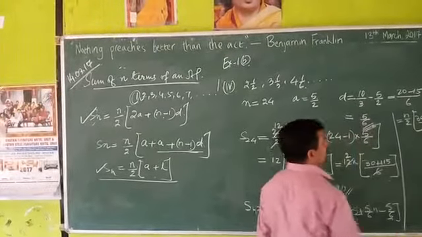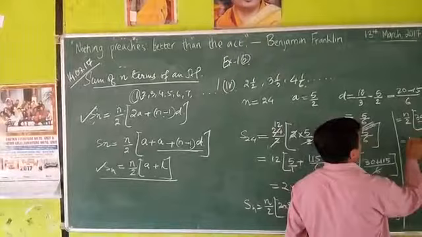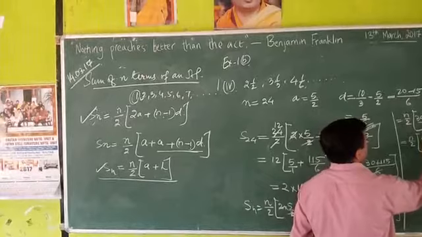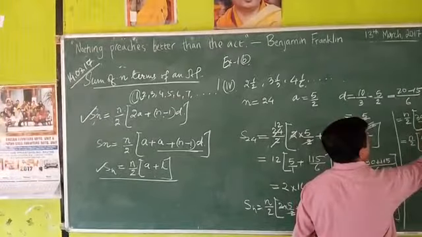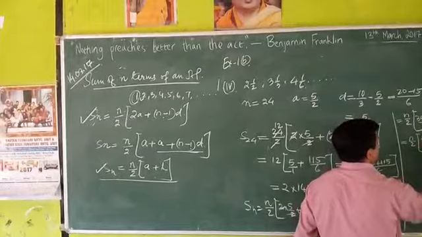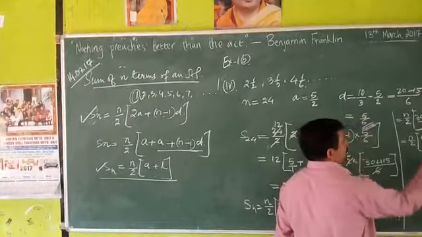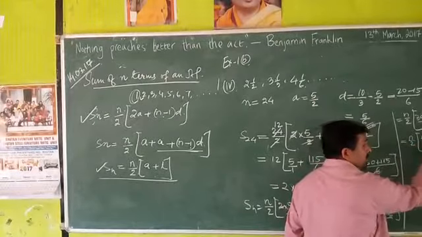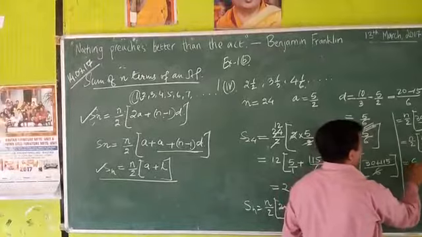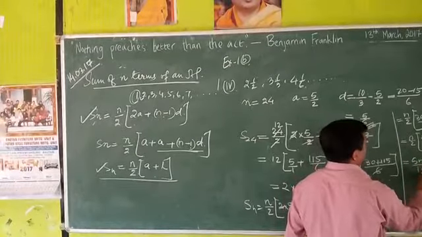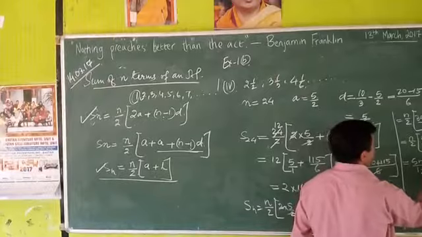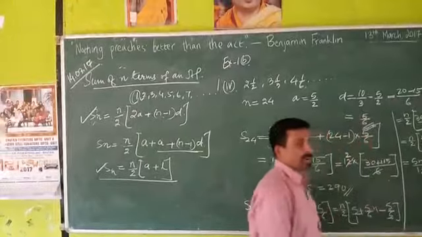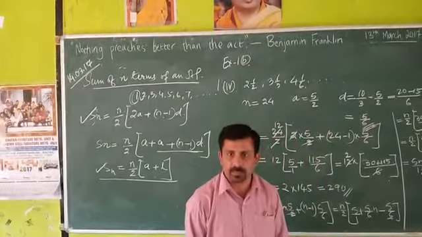Now this is n over 2 into 5n, plus 25, because 30 minus 5 is 25, divided by 6. This 6 can be multiplied by 2, and here 5 is a common factor, so I can take it out. So this becomes 5n over 12, and then n plus 5. Answer. This is the sum of your n terms of the series.